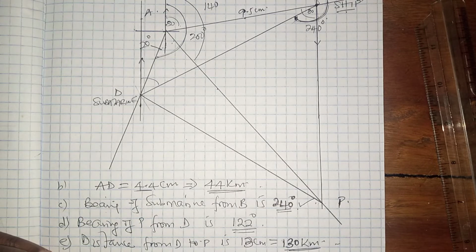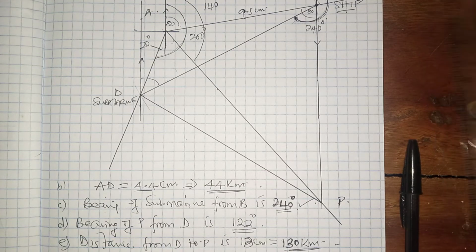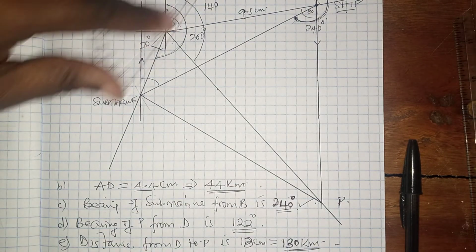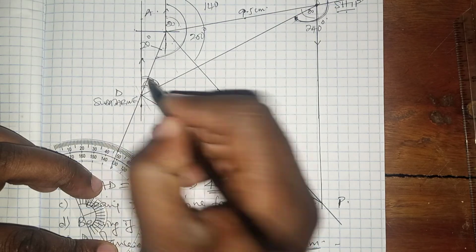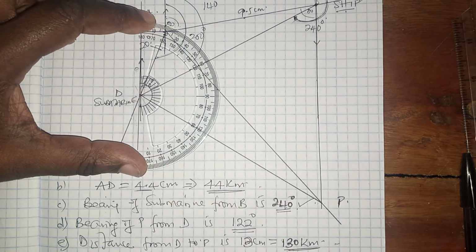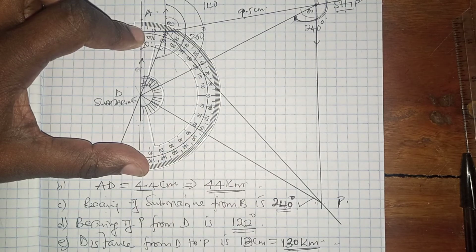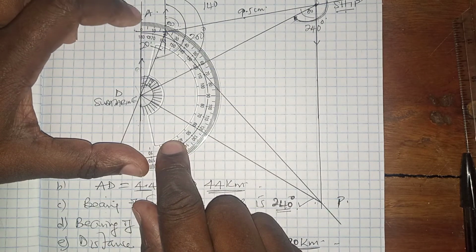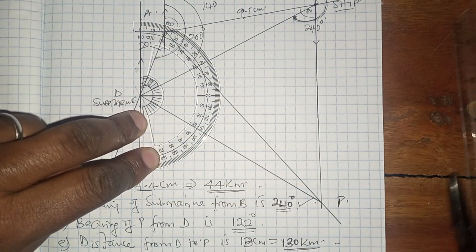What about part D? The bearing of the island P from D. Now that we have constructed true north, and we have said this is 60 degrees, we need to get the bearing of island P from D. Let us confirm together.